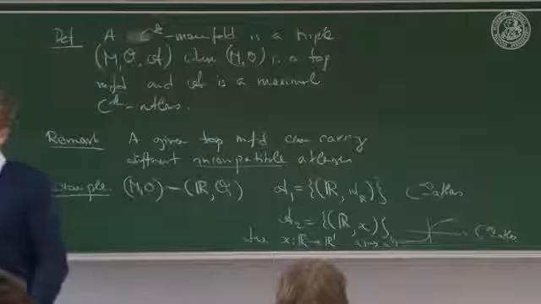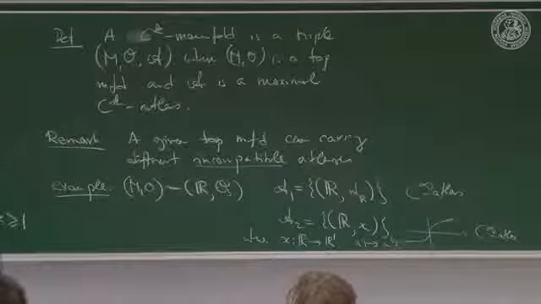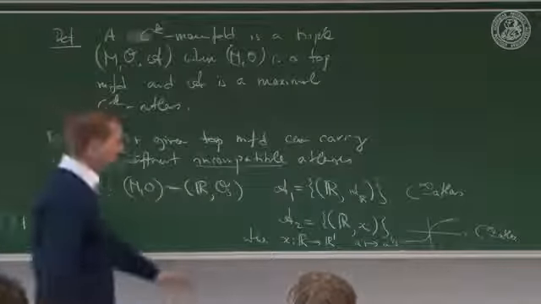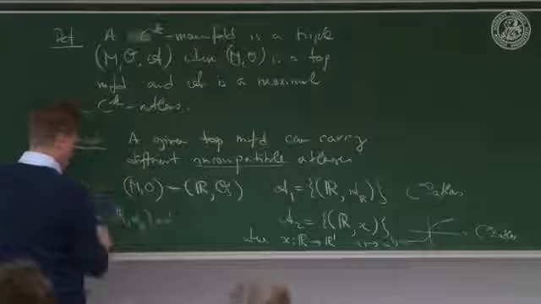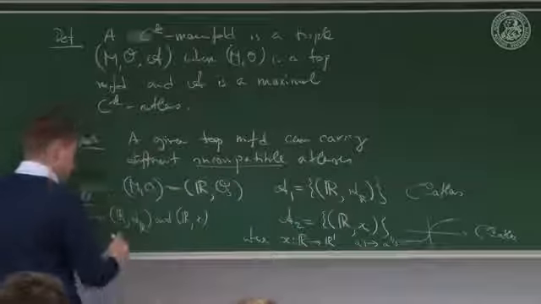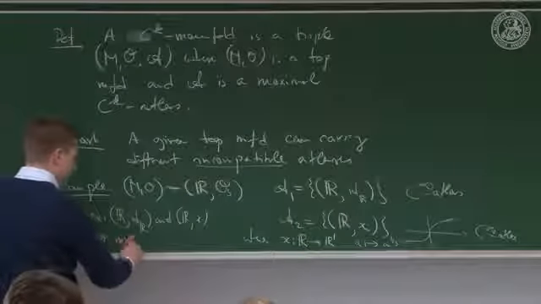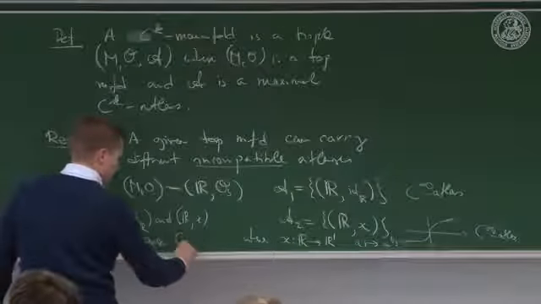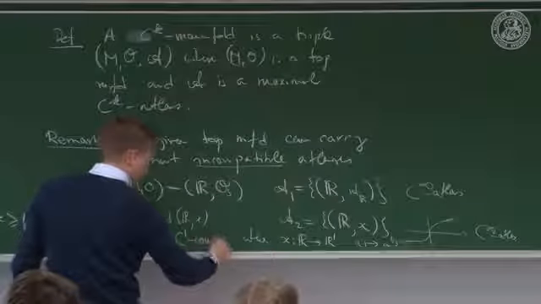That's not defined. Okay? So the point is that these two atlases, these two charts here, they are not C infinity compatible. Observe the chart (R, id_R), and the chart (R, x), defined as down there, are not even C^1 compatible.